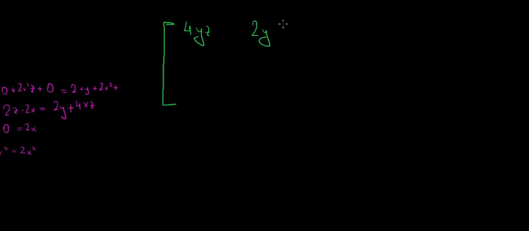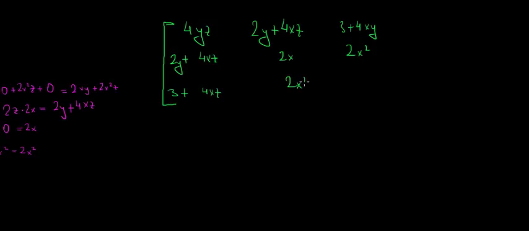I'm just a bit confused if I was looking at the right thing. And then 3 plus 4xy. And below it we have 2y plus 4xz. 2x and 2x squared, and here we had 3 plus 4xz, 2x squared, and 0.